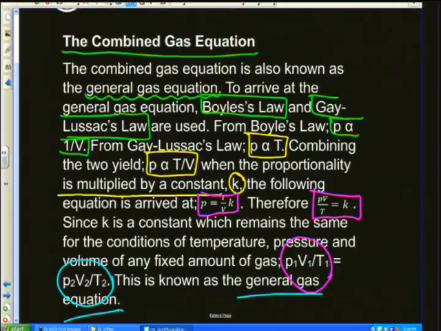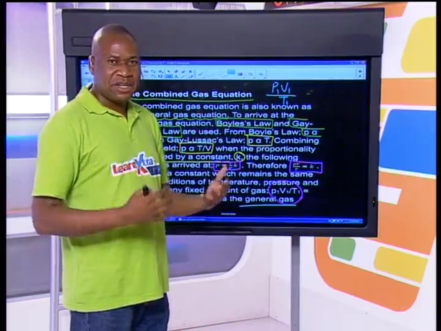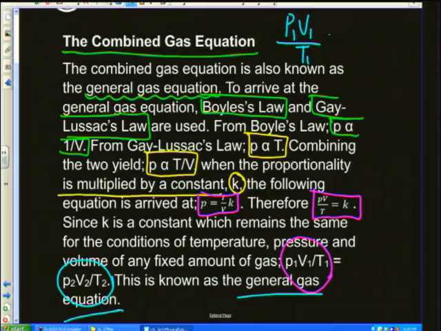Don't forget it. Let me rewrite it for you so you can see it properly. That is the first set of conditions: pressure 1, volume 1, temperature 1. You take the same gas to the second set of conditions, so it will be P2 V2 over T2.